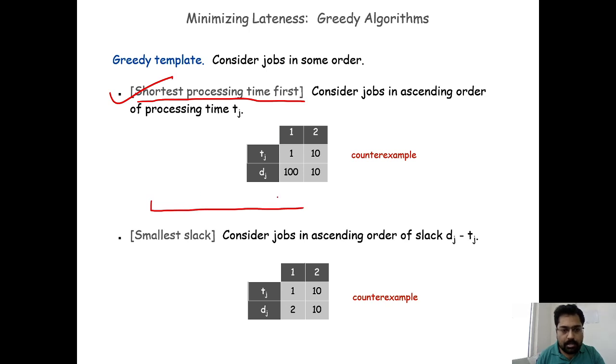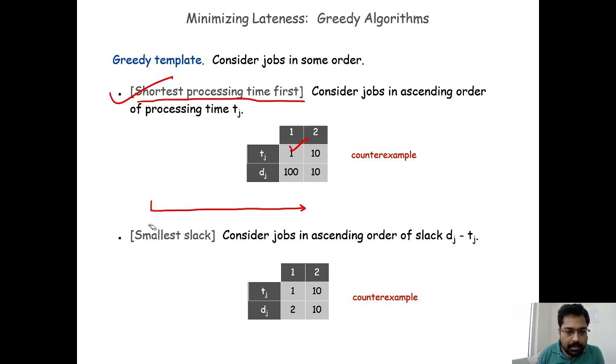Suppose here the timeline is fixed somehow, so this is timeline 1, then this is 100. Why? Because the shortest will be selected first, so the first job is selected, and it will end at 100. So you can say d of 1 is 100. Just a mistake that I've made.